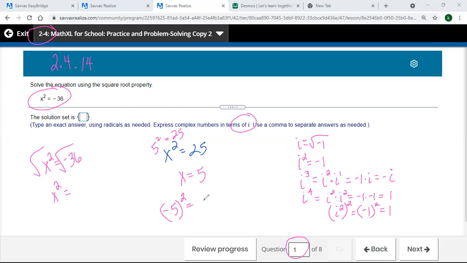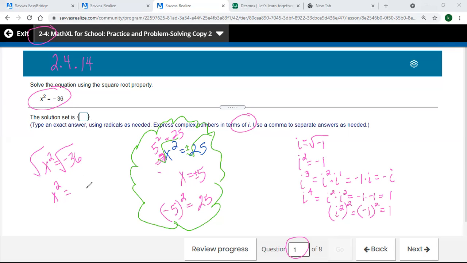And -5 squared is also 25. So going back to this original problem, this x could really be a positive or a negative. So usually when I tell students, when you square root both sides to solve, you need a plus or minus on this side for that very reason that we've just explained. Okay, so back over to where we were here.